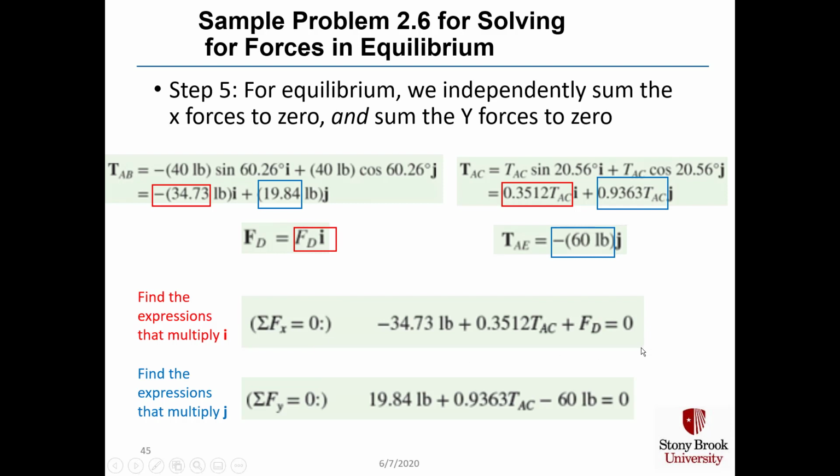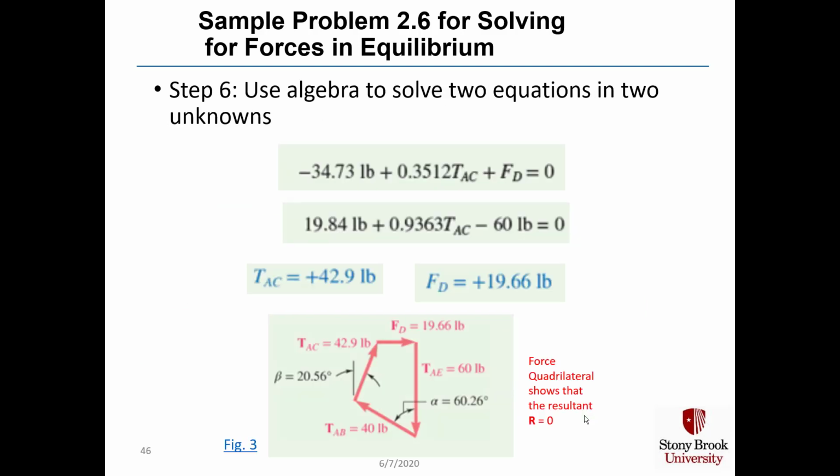And when we find the expressions that multiply j, we get our second equation. After this, it's just algebra to calculate what F sub D is and what the magnitude T sub AC is. So here are your basic algebraic equations. There are your solutions, 42.9 and 19.66 respectively.